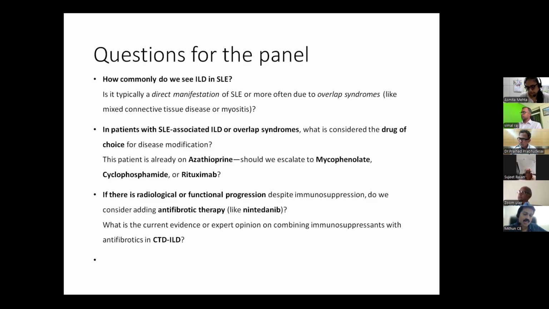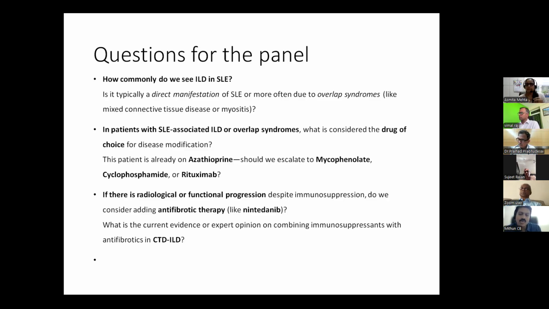So in SLE, basically there are some head-to-head trials between all these medications. For lupus nephritis, we have the ALMS trial, mycophenolate versus azathioprine, where they found that mycophenolate was superior in controlling lupus nephritis. Therefore, in SLE we consider mycophenolate as superior, although this data is only on lupus nephritis.